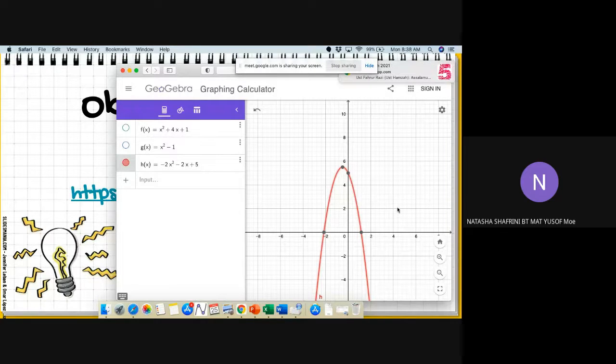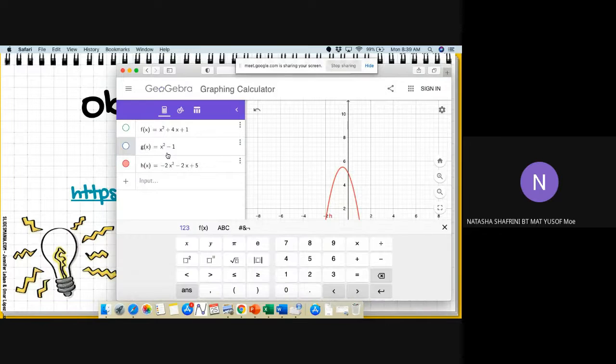You nampak, ni bentuk apa? Shape of graph. Cikgu, awak punya itu GX ah. Bukan X square, negative 2, negative square power. Oh, negative. Ya, sorry. Okay, thank you, tak nampak.